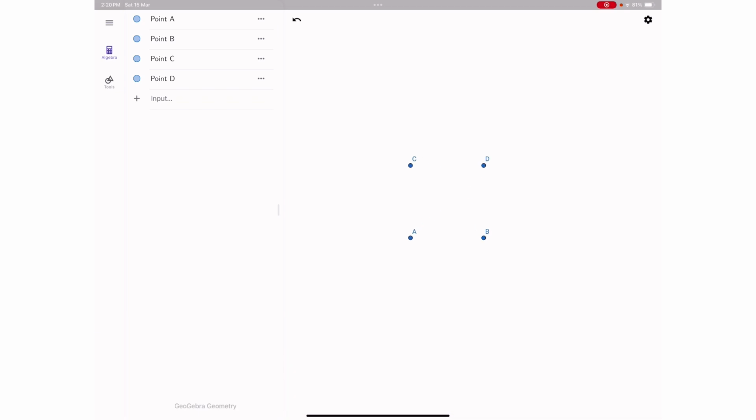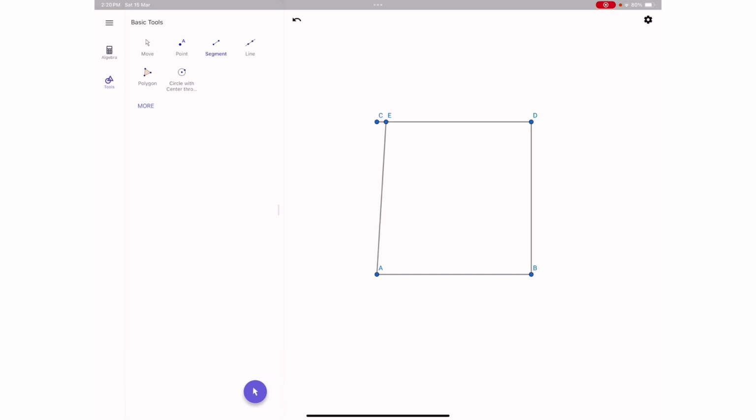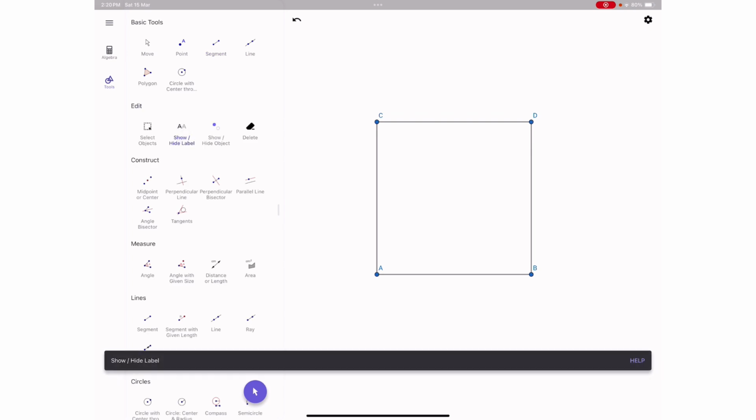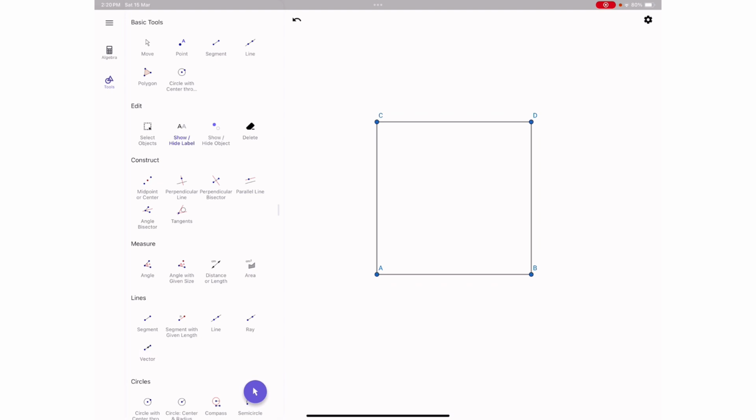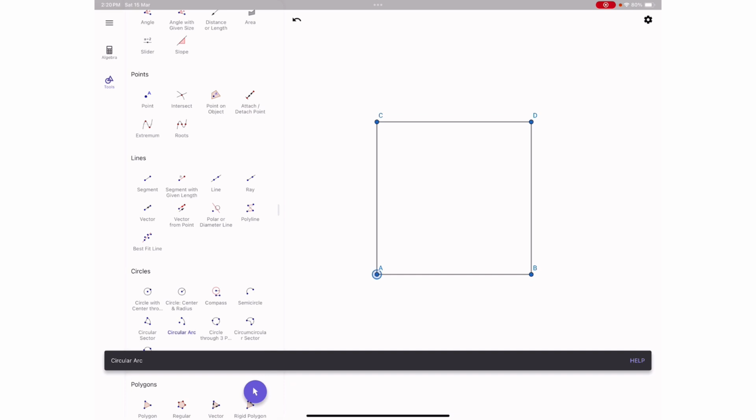I'll make that bigger. I have to connect the points, A, B, B, C, C, D, and let me keep the letters. And then I will sketch, of course, a quarter circle, and I can use this here.